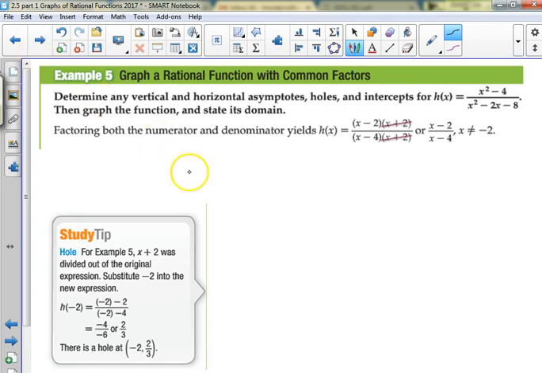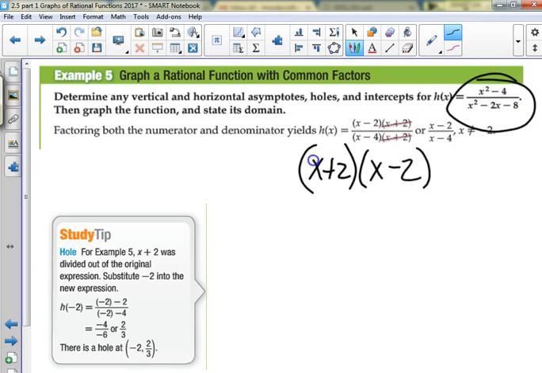All right, do you have this example? Okay, so this factors x plus 2, x minus 2. If you're not good at factoring, this is the lesson that it's going to kill you. Denominator, how does it factor?